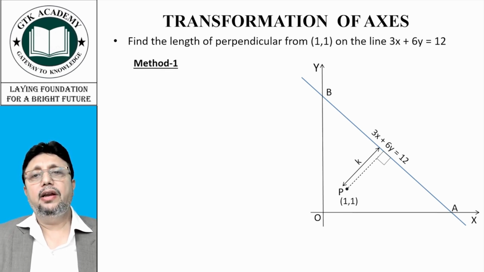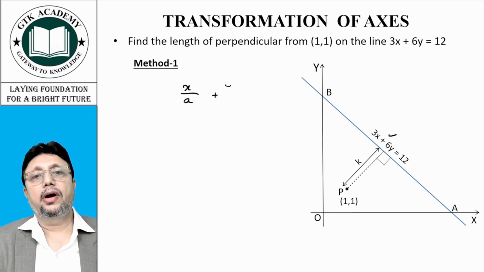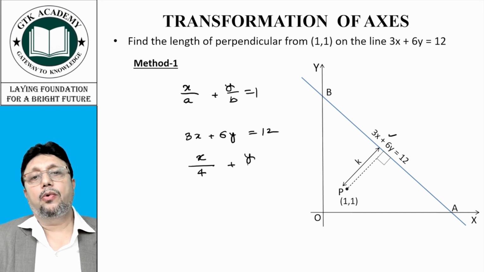Now we have to find A and B. For that, we put this line into the form x upon a plus y upon b is equal to 1. That means 3x plus 6y is equal to 12. Divide by 12 on both sides, it becomes x upon 4 plus y upon 2 is equal to 1. That means this point is (4, 0) and this is (0, 2).